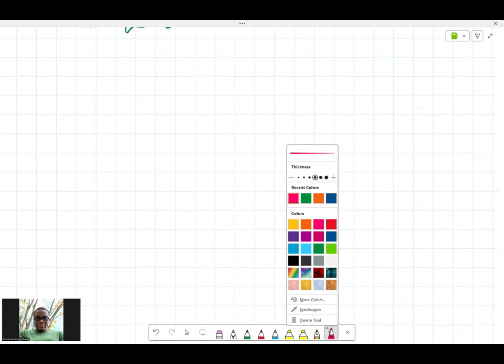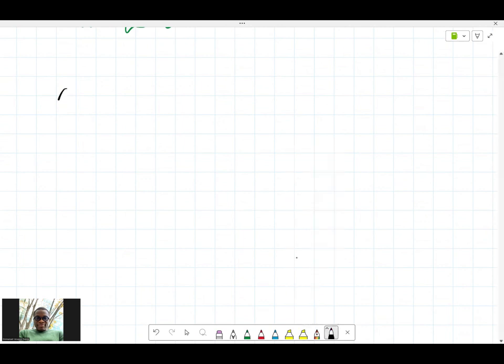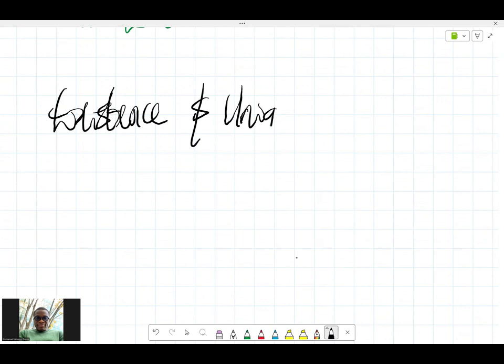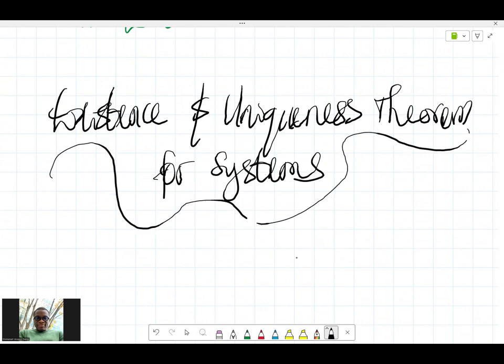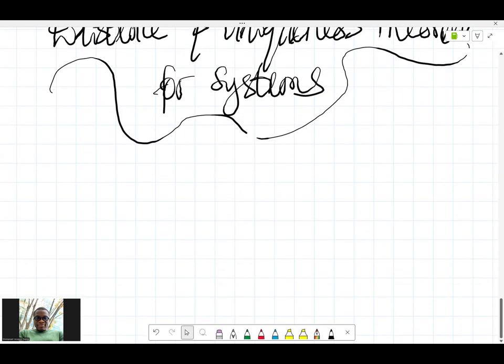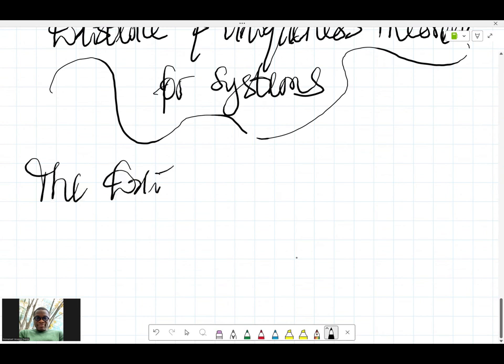All right, so at this point, let's look at another dimension to this. Let's talk about the existence and uniqueness theorem for systems. So how do we know that a solution exists, and that if the solution exists, it's actually a unique one? That's what this statement is about.